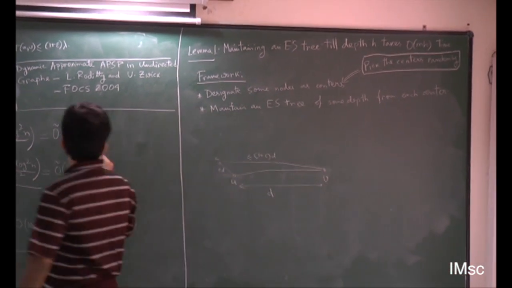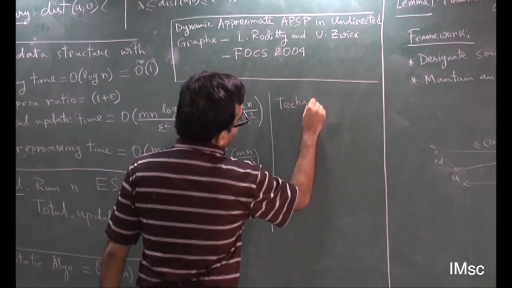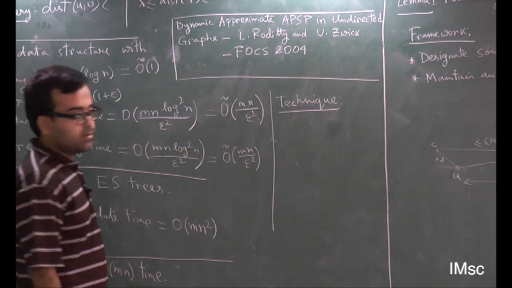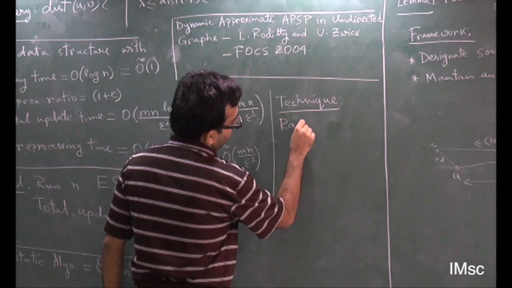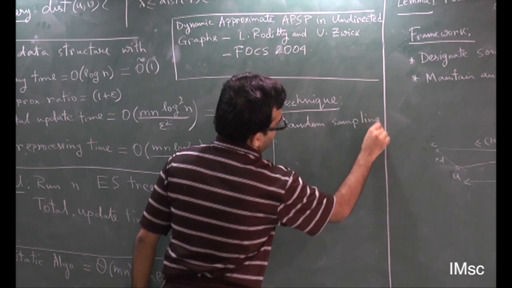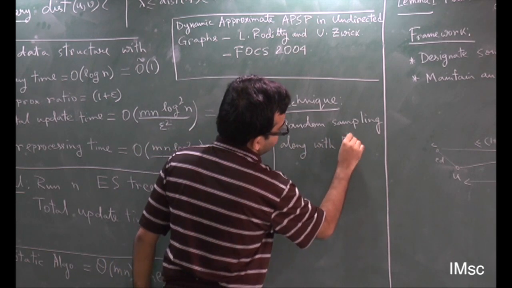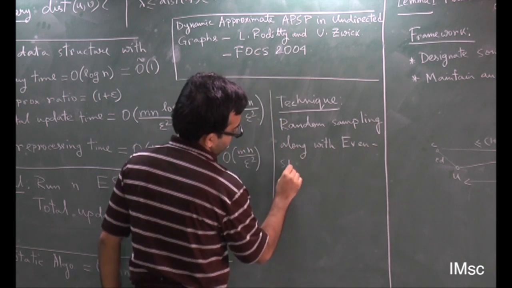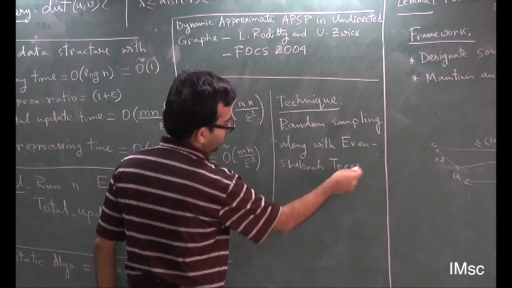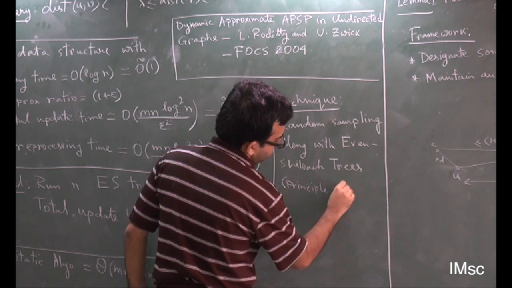And so, here if you want to highlight the main technique behind this result in a small phrase, you will say this just uses random sampling along with eventual trees, and these eventual trees in turn work because of the principle of monotonicity.